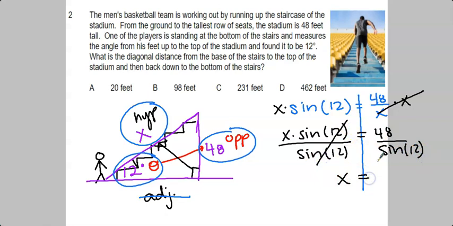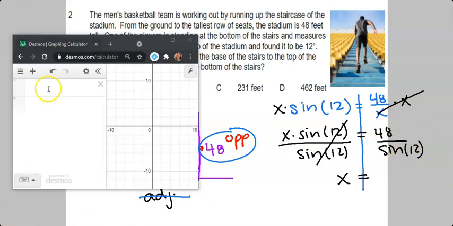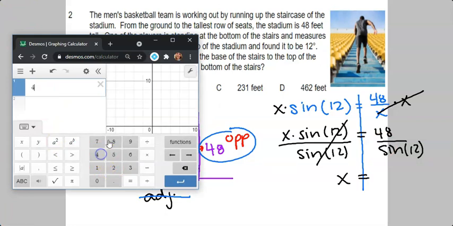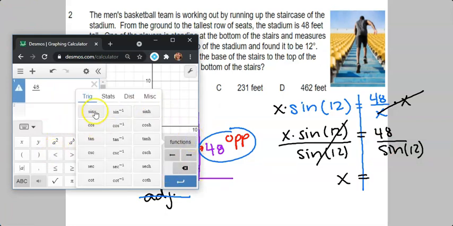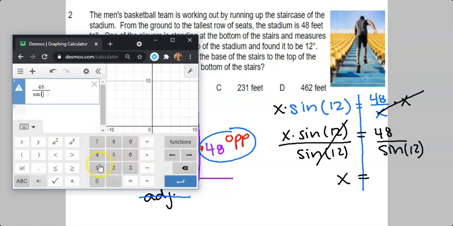X is equal to, so with this, we are going to be putting this into our calculator. So let's pull up Desmos. So 48 divided by sine of 12. So we get 230.87.